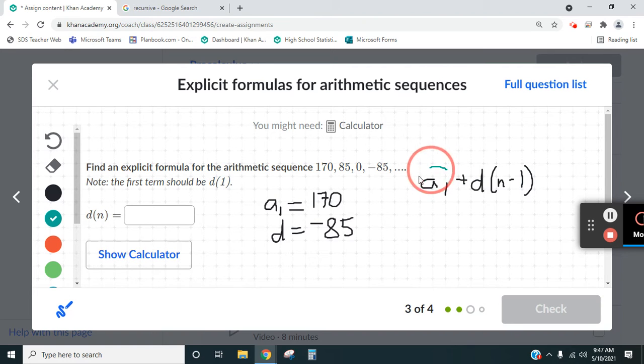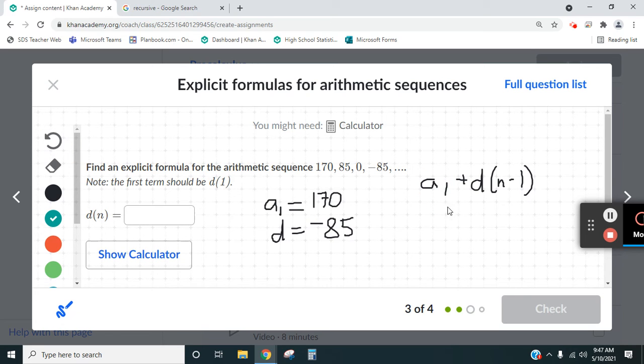You start with the first number in the list, and you add a certain number so many times, except for the first time. On the first number, you don't add anything to it to get the first number. It just is the first number, right? So if we just said D times N and we plugged in 1, that wouldn't make any sense anymore. So we take 1 away, and then we multiply by D.